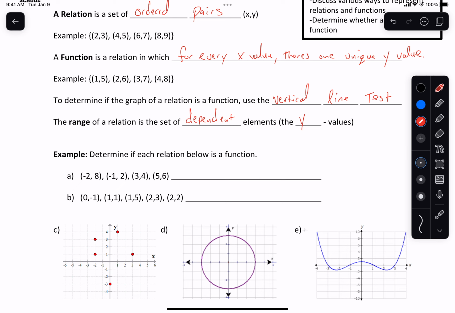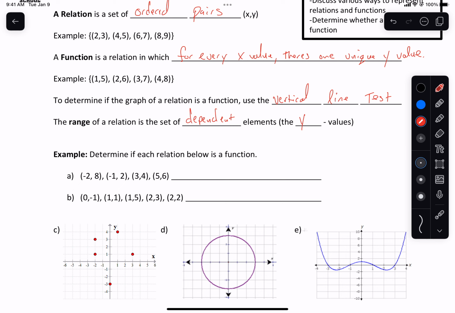So determine if each relation is a function. Example A, we have those 4 points there: -2, 8; -1, 2; 3, 4; and 5, 6. Is that a function? Let's revisit your definition. For every single x that you see, I have one unique y. Does example A satisfy that definition?